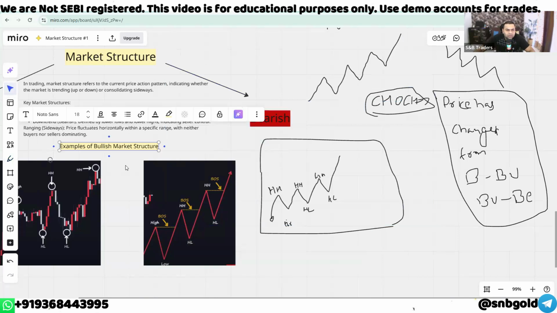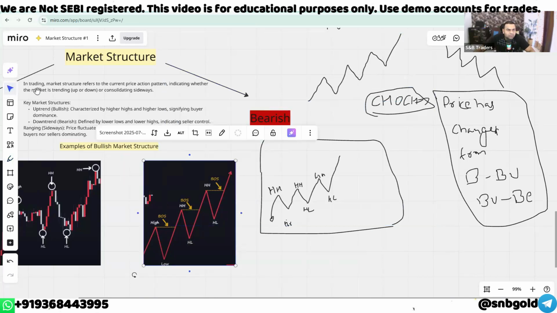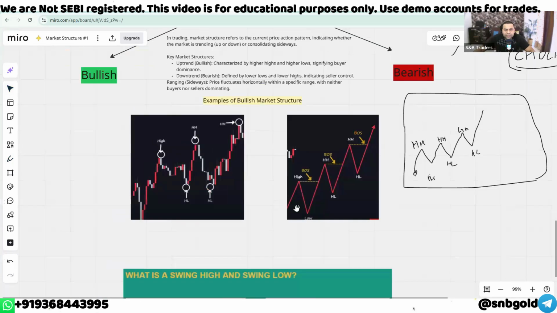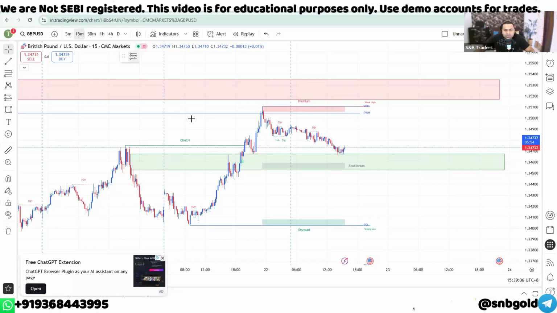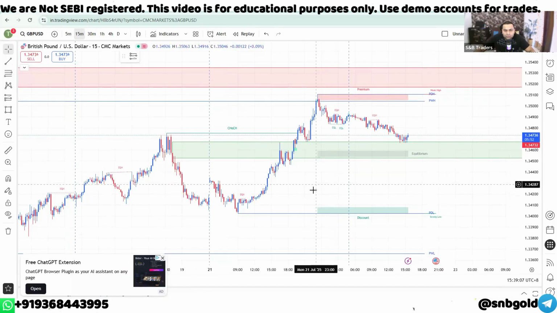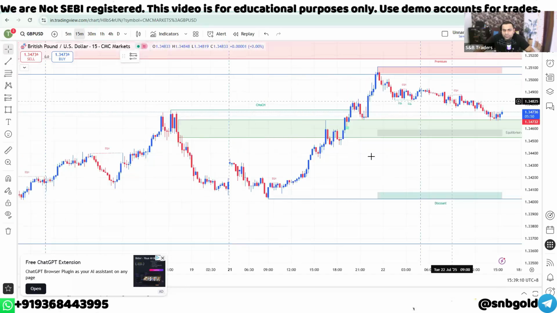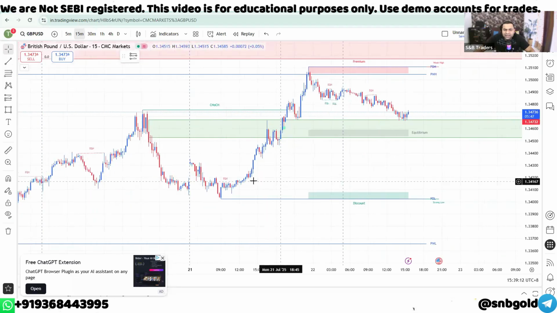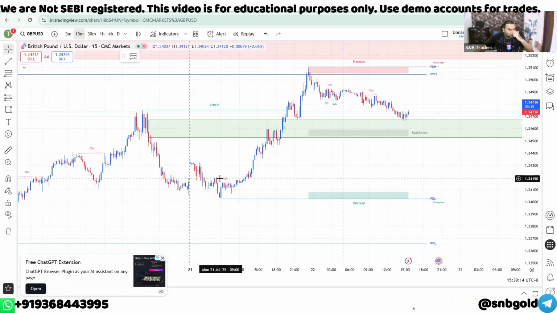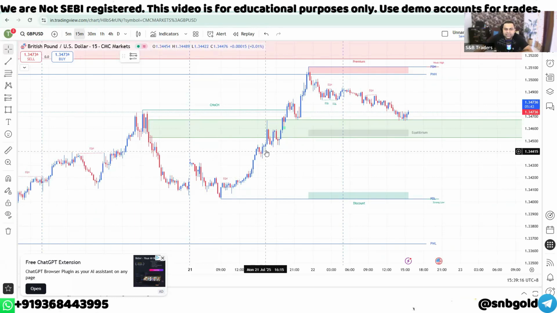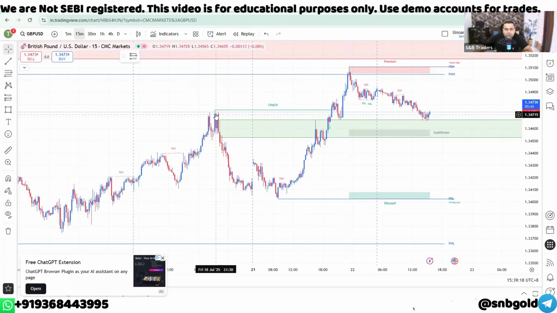Okay, so now let me show you some more examples of how to work with that. So once you have this indicator on, your chart should now look like something like this. Okay? So in market structure, what happens is that you will have this change of character formation.